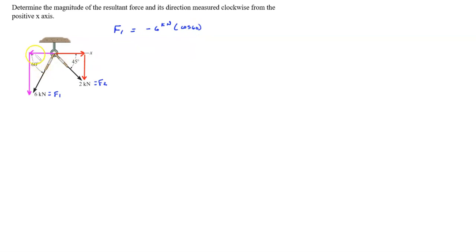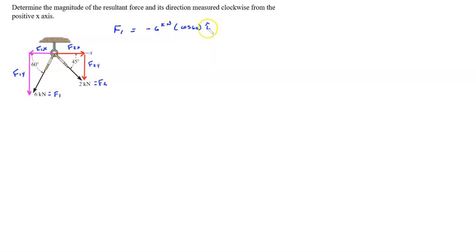You can see this is the adjacent side, the x component. We could call this F1x and F1y, and over here we can call this F2x and F2y. So again, for force 1, we have negative 6 kilonewtons times the cosine of 60.